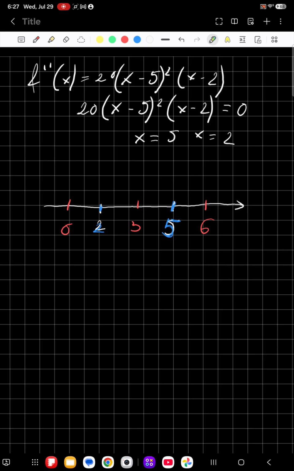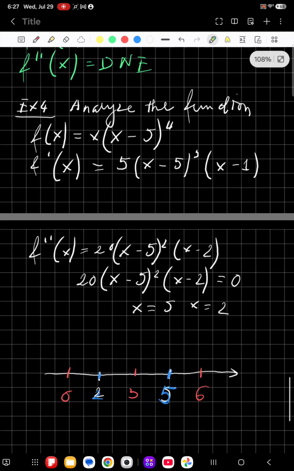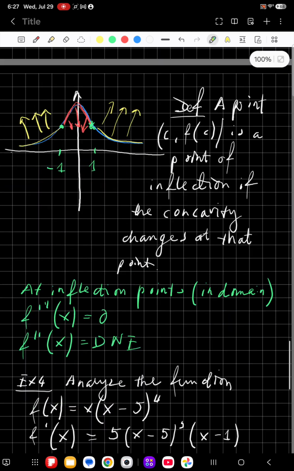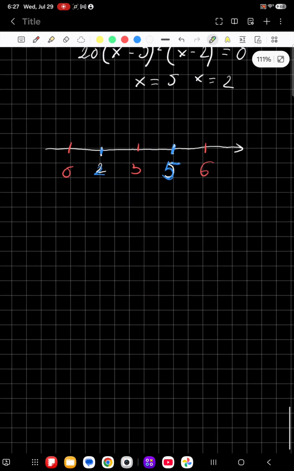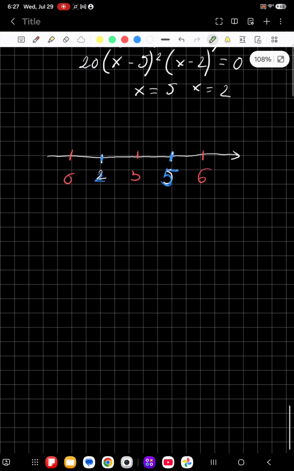So concavity down. Let me check. Concavity down is red. So negative from negative infinity all the way to 2. Then we're checking for number 3. So I'm plugging 3 in for x, and I get positive. Positive, if I remember correctly, was yellow. So plus, plus, plus.